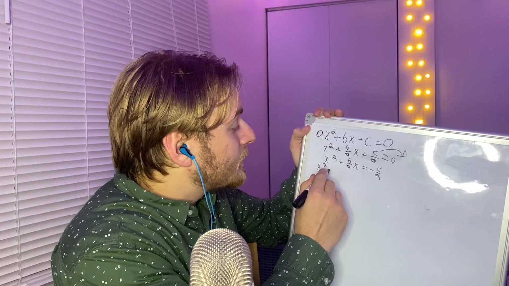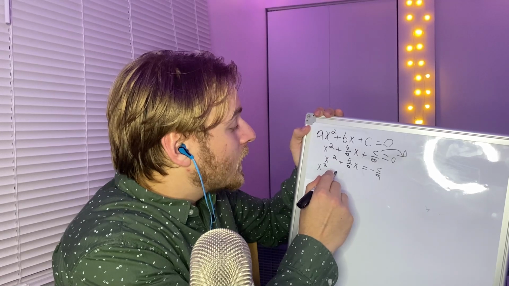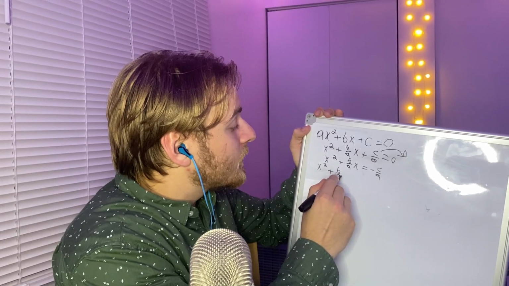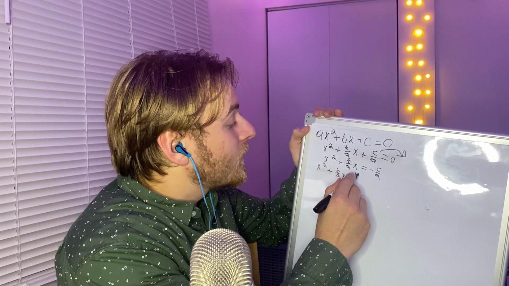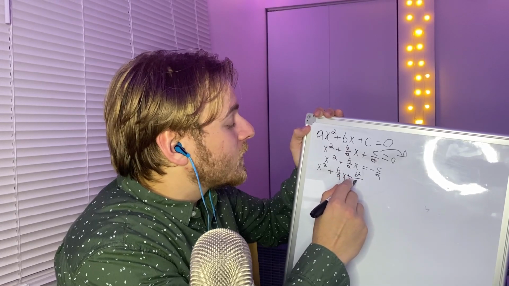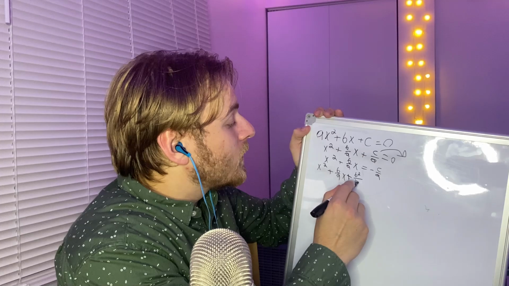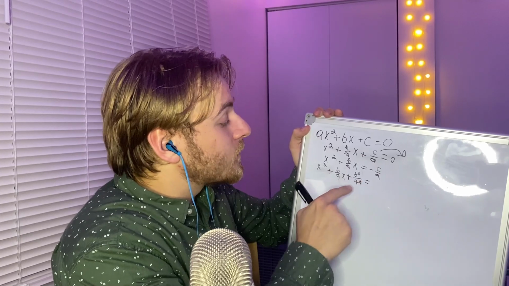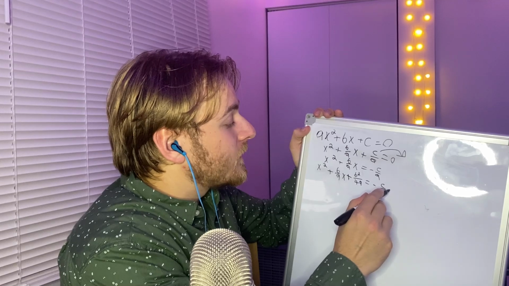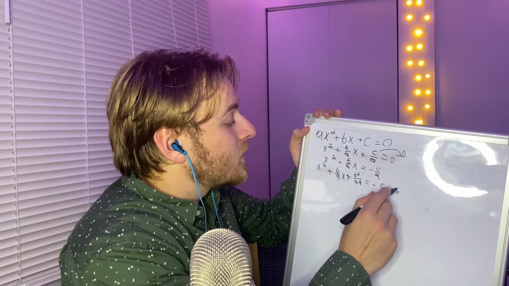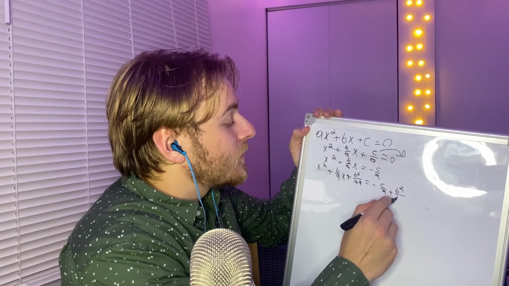And in fact, the values are x squared plus b over a x, and this final constant term is actually b squared over 4a. And since we add that to this side, we have to add it to the right side, plus b squared over 4a.